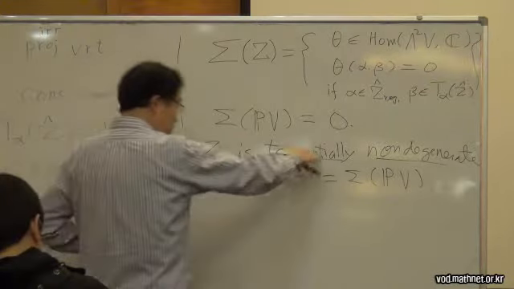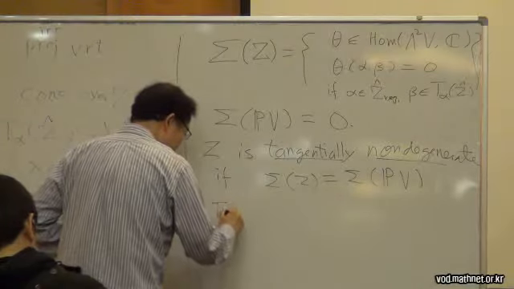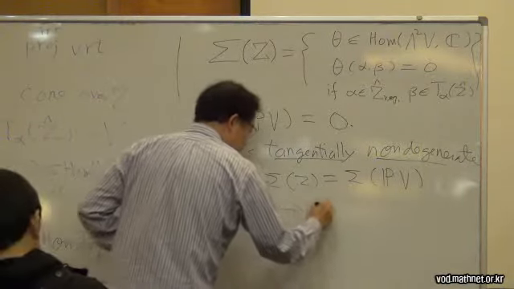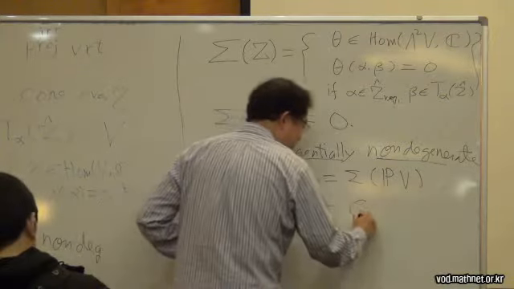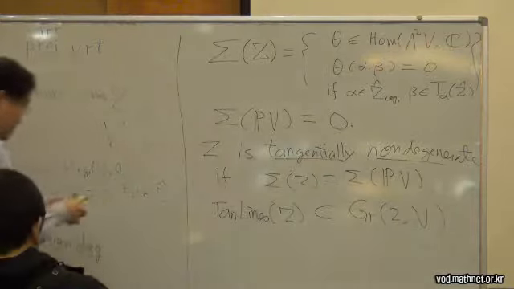And then the geometry behind this is, of course, if you look at tangent lines, this is a variety of the Grassmannian of lines inside the vector space.